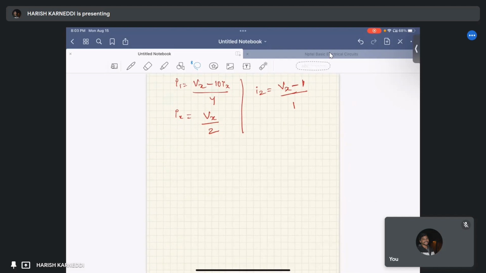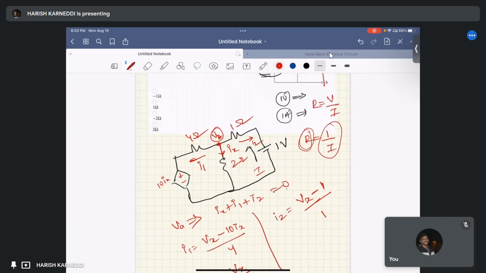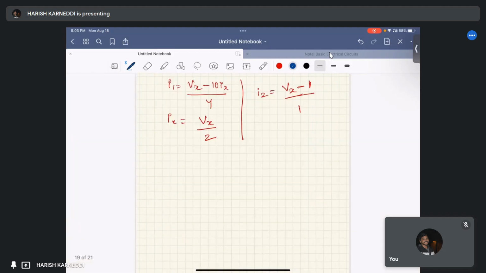So from the KCL equation, the total of all currents should be 0.